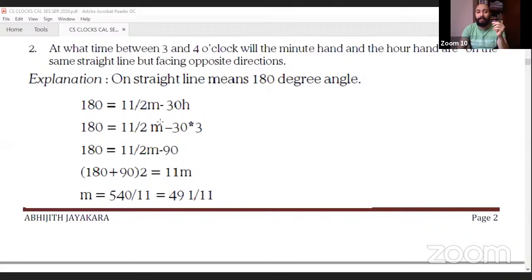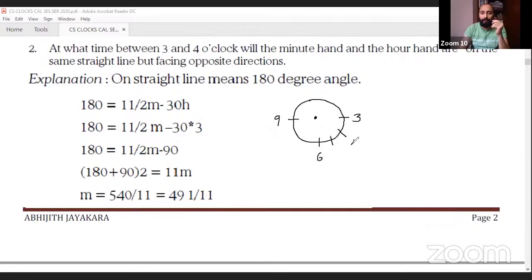So we are solving again the same thing because it will be over the 3 o'clock. When you take a clock here, between 3 o'clock and 4 o'clock means this is 3 here, this is 9 here, this is 6 here. So where does 4 and 5 come?